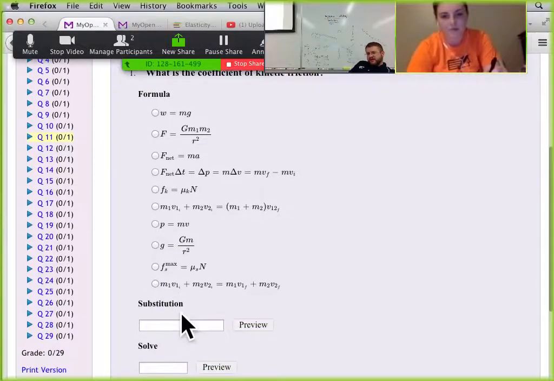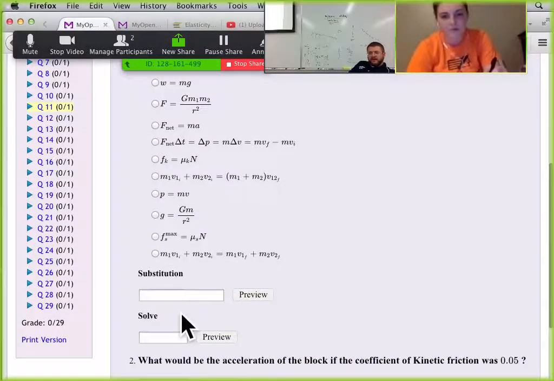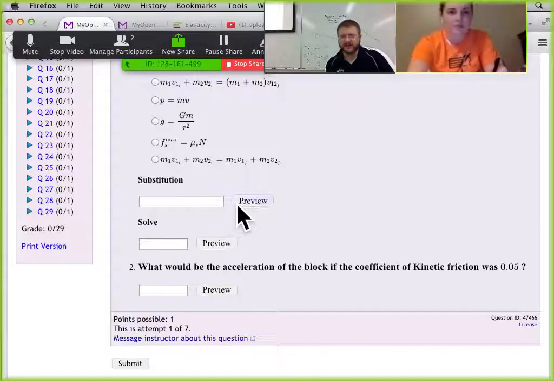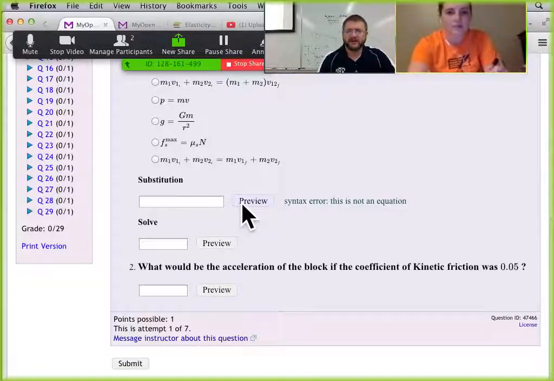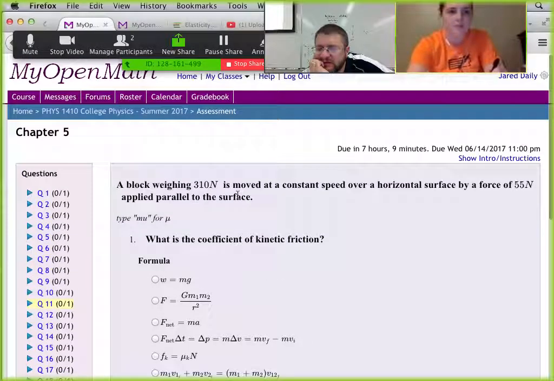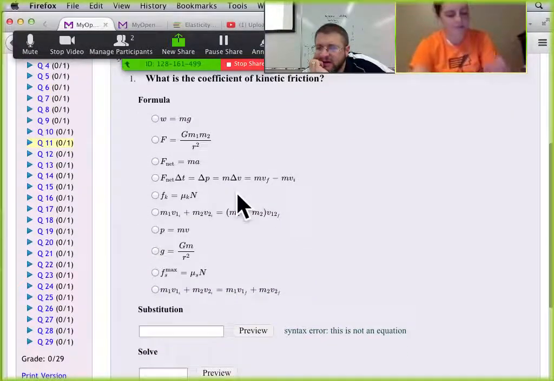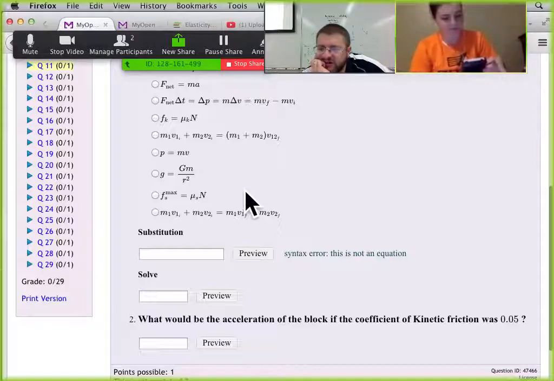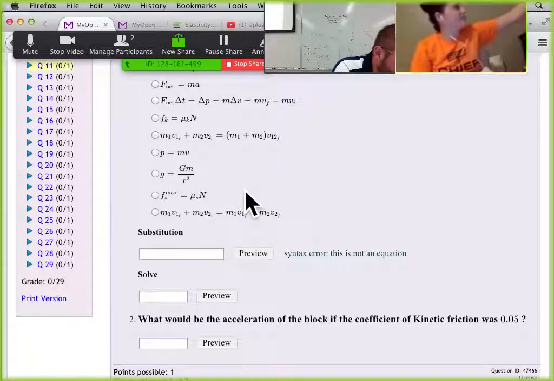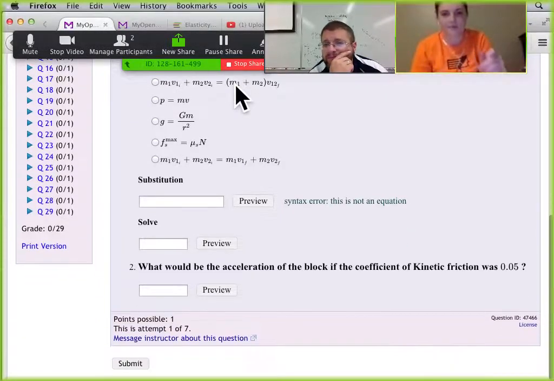Okay, and then what does it mean when it says substitution? And then they want you to, it's a good question. That's not very clear, is it? Must have been more clear when I was looking at it the first time. Let me just take a look at it really quick.